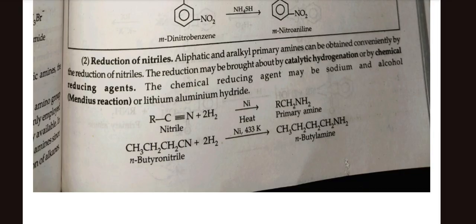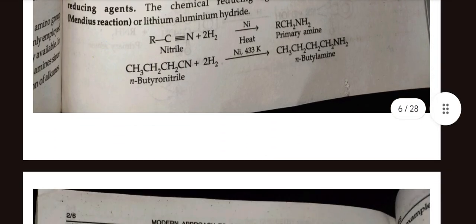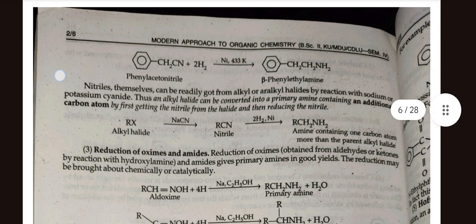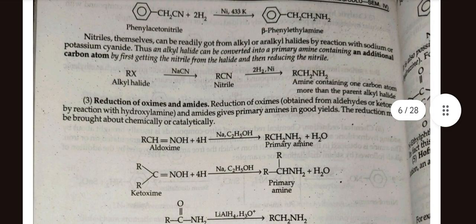Nitrile in the presence of nickel and heat gives a primary amine. N-butyronitrile plus 2 moles of H2 gives N-butylamine in the presence of nickel at a temperature of 433 Kelvin. Phenylacetonitrile gives beta-phenylethylamine in the presence of nickel at 433 Kelvin.